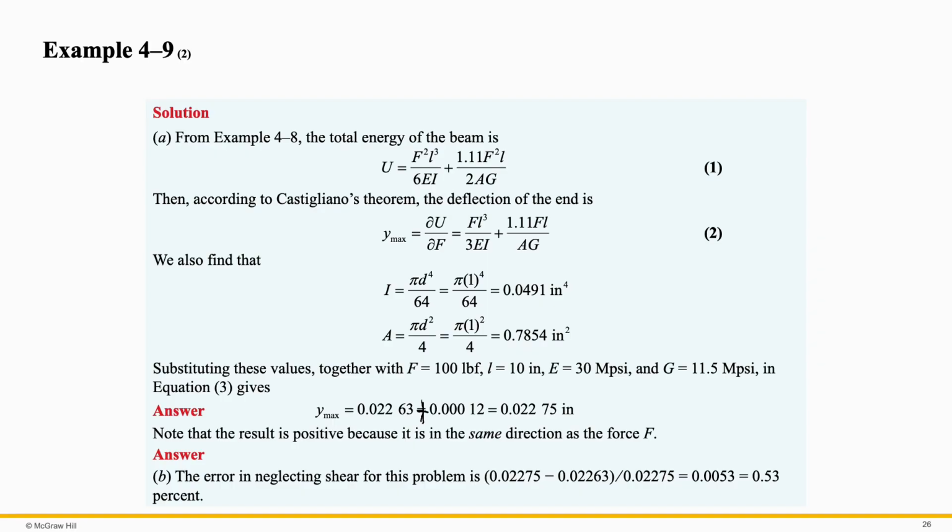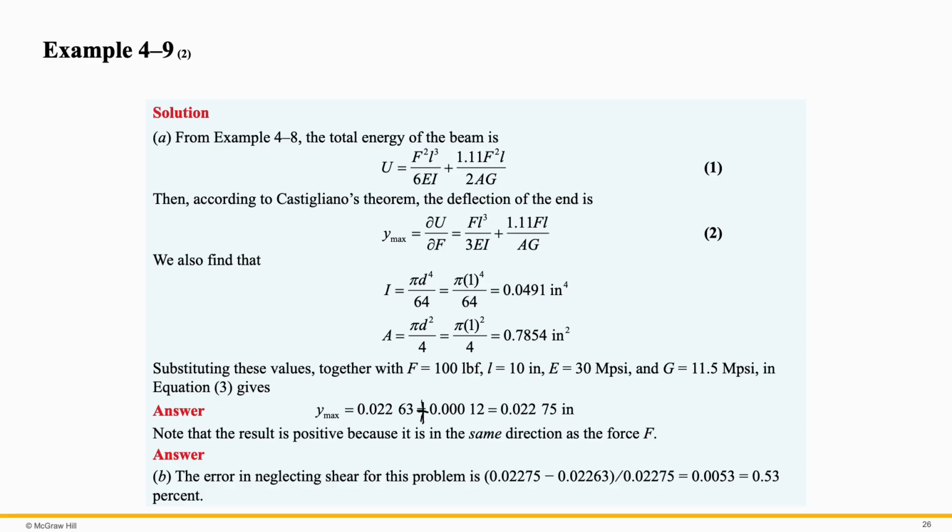For this purpose, we will take the partial derivative of the total strain energy with respect to that force, and we find the maximum deflection in the direction of this applied force. As you can see, this is the derivative of the first equation. When we take the derivative of the first equation with respect to force F, we obtain the second equation, which represents the total deflection of this cantilevered beam due to applied bending moment and the transverse shear.